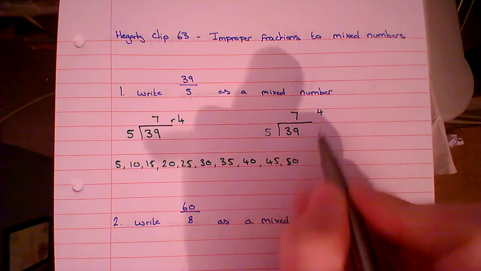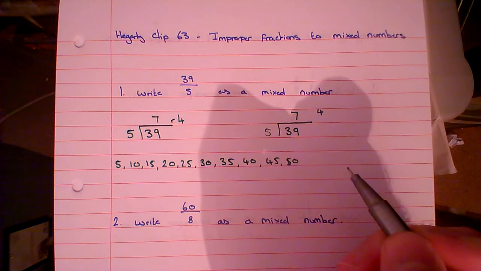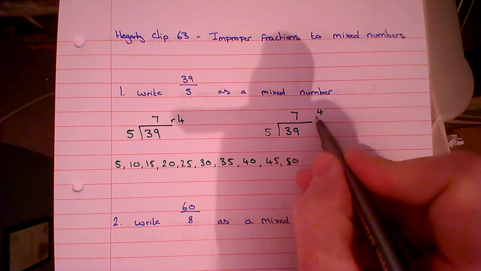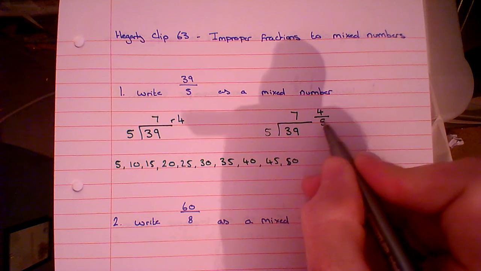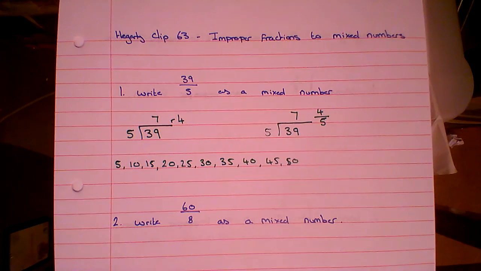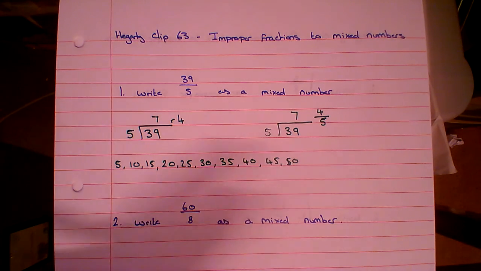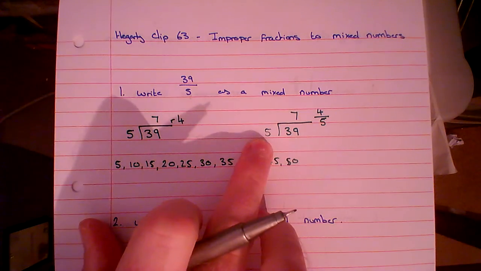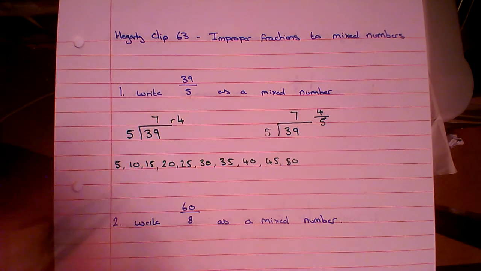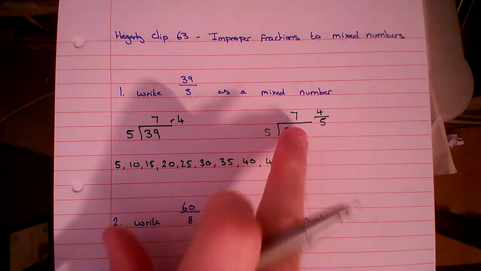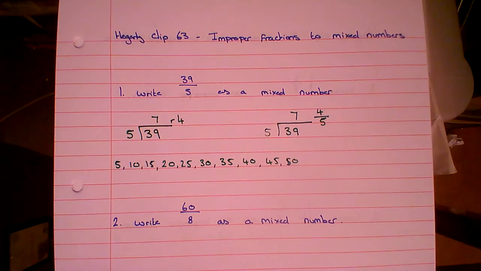Now, that remaining 4 has also got to be divided by 5. Remember that fraction line means to divide. It's as simple as that: the remaining number over the original number of your fraction. So it becomes 7 and 4/5.